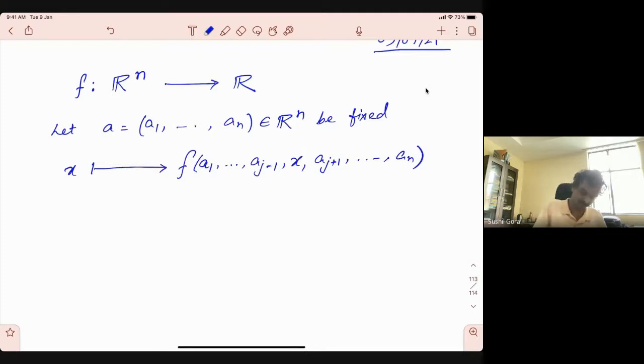Call this gj. So gj is a one variable function.